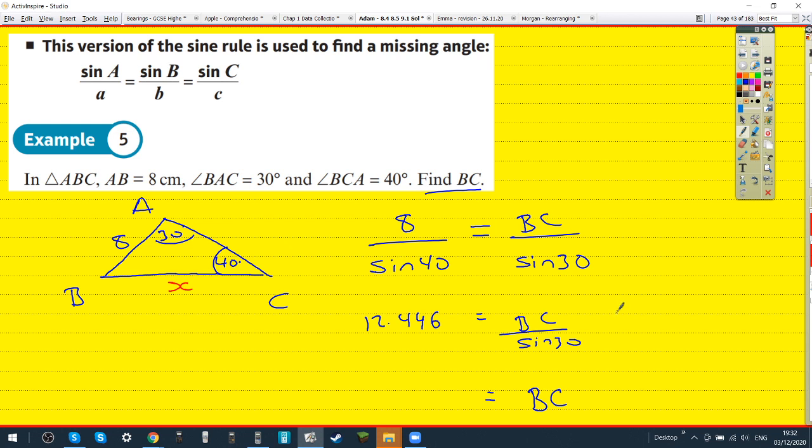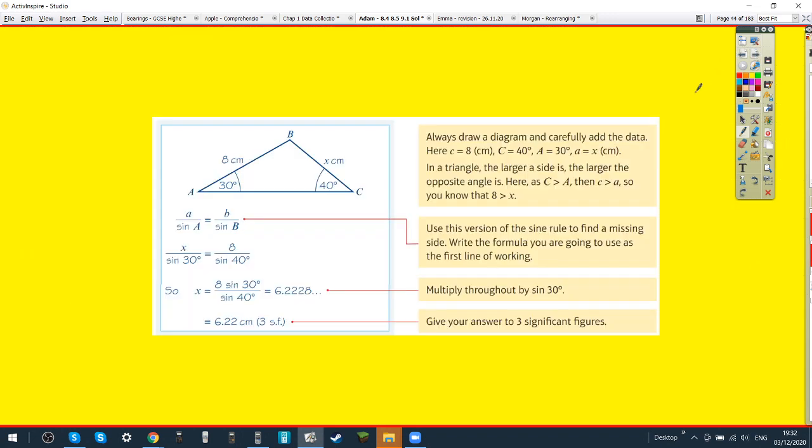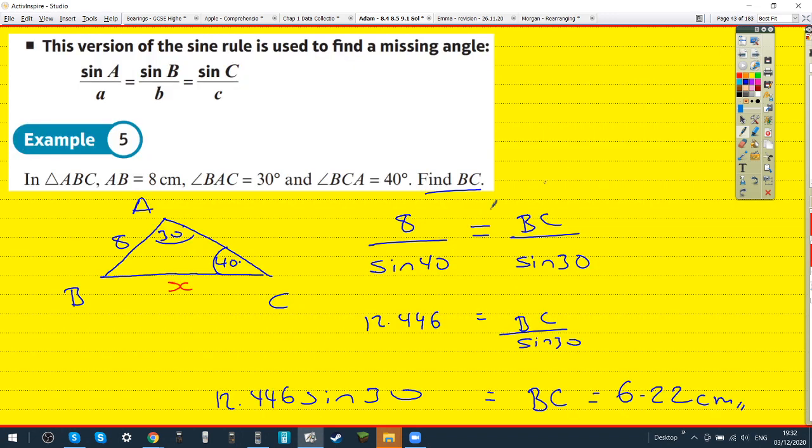Mm-hmm. So 12.446 sine 30, which is 6.223. So let's say 6.22 centimeters. Yep. 6.22.